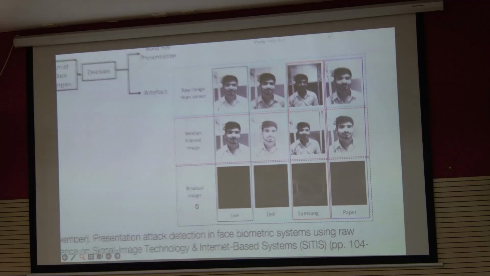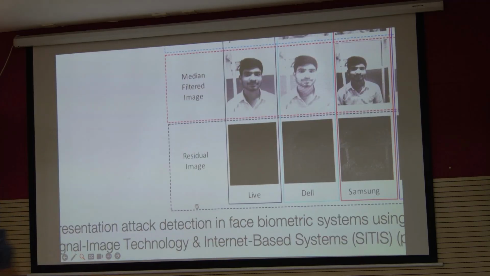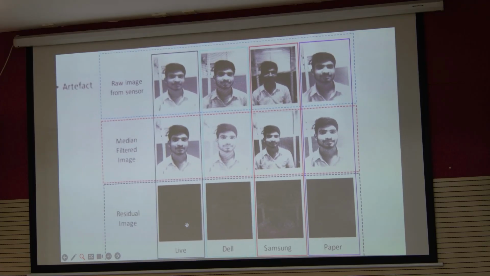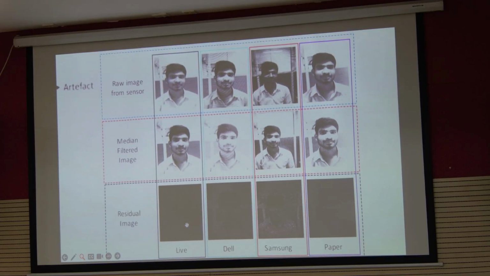Good. Just to motivate you to look not only at deep learning, but also to understand the signals from a physical and signal processing perspective, here I show some images where the raw image is taken, then the median filtered image is taken, and the residual is formed between them. If it is a live image, the residual is almost zero.